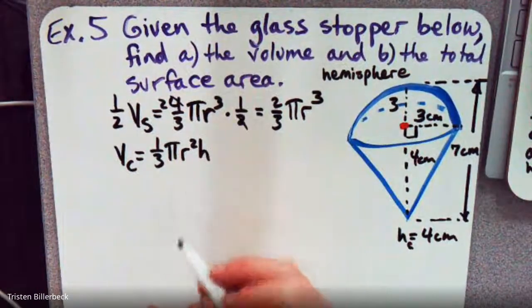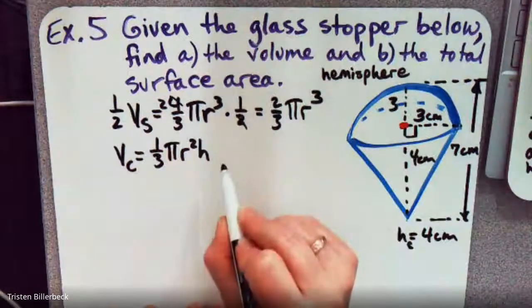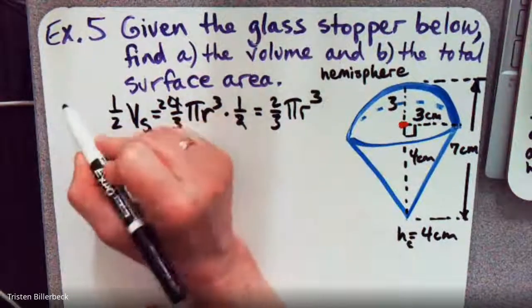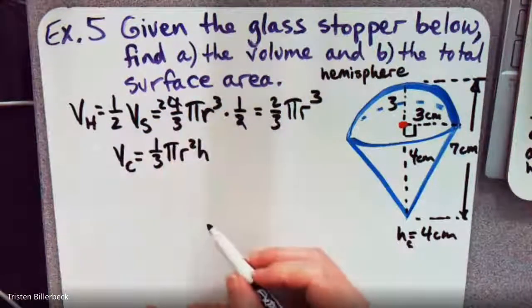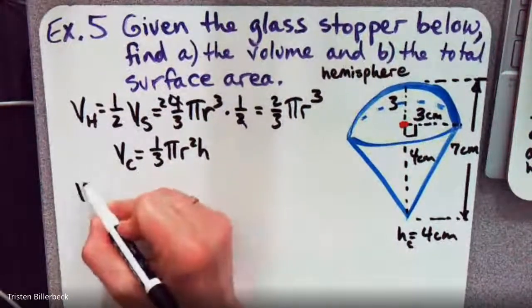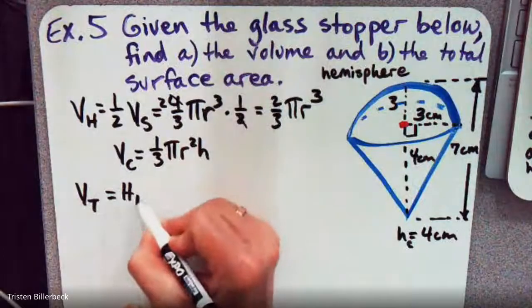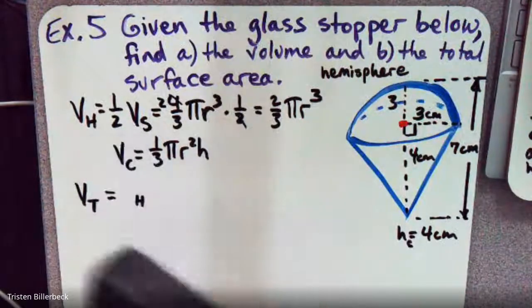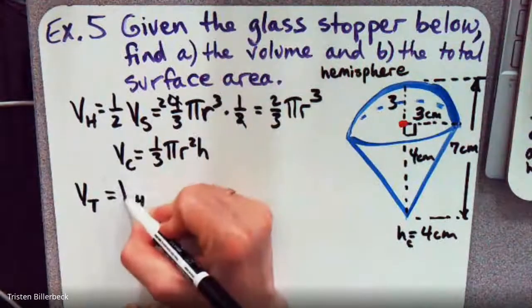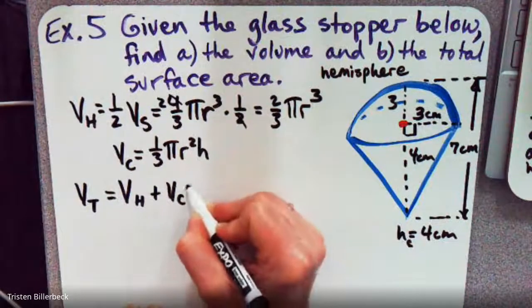Okay, so now we can figure out the volume of that plus this. So the volume total will be the volume of the hemisphere plus the volume of the cone.